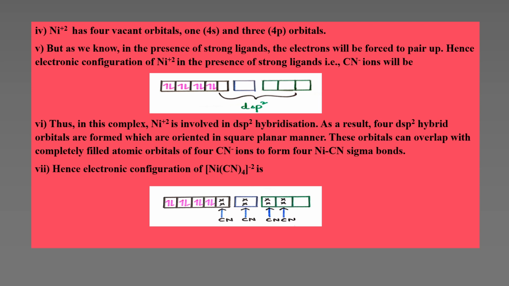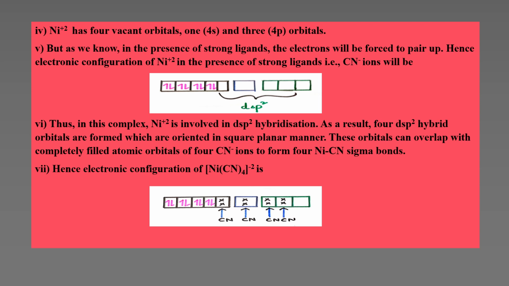Understood this point? Now, these 4 dsp2 orbitals overlap with the completely filled atomic orbitals of 4 CN- ions in order to form 4 Ni-CN sigma bonds.